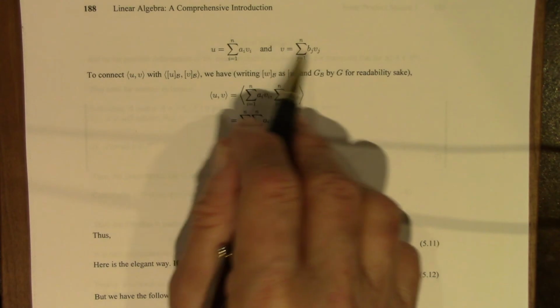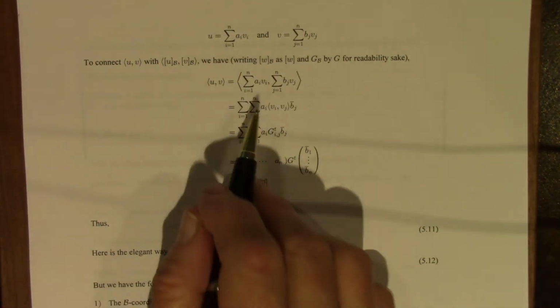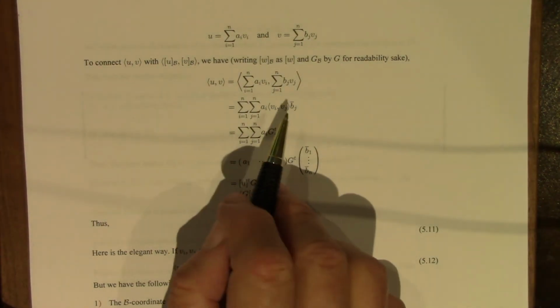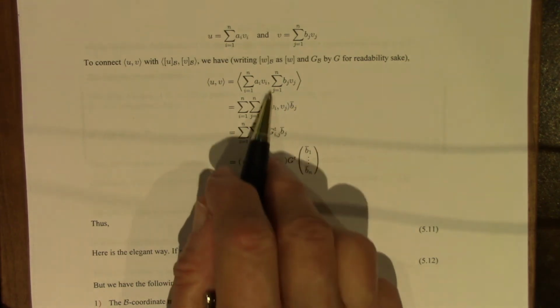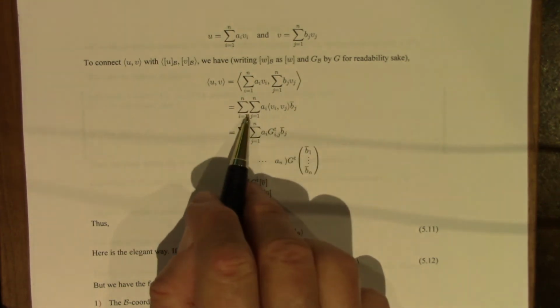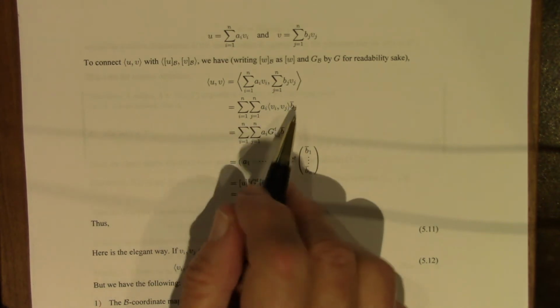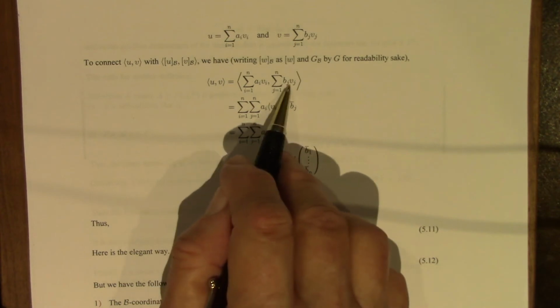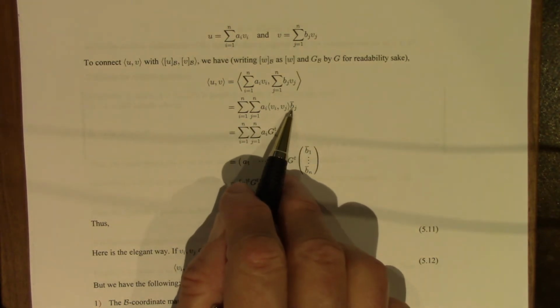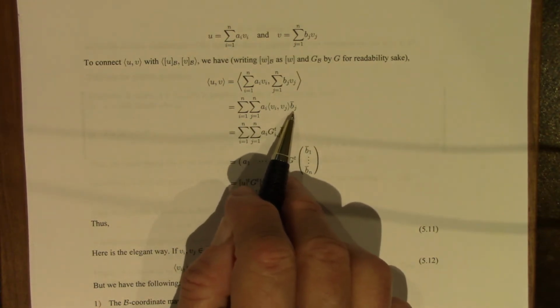Just substituted these two linear combinations. The sesquilinearity allows us to expand this so that it looks like this. You can see the b scalars being in the second coordinate get conjugated, complex conjugated.